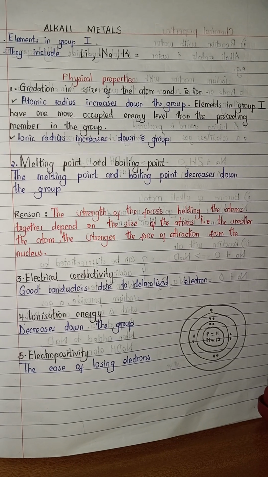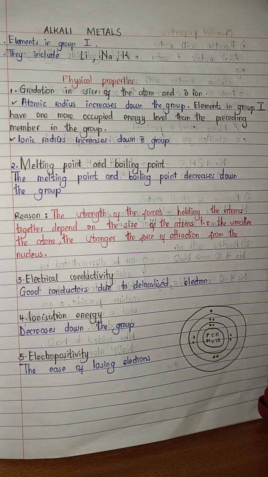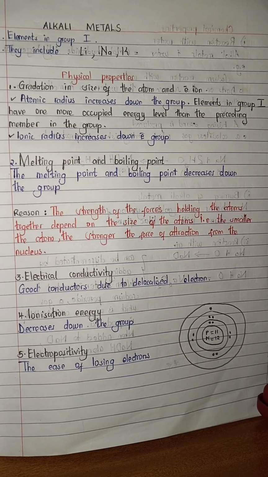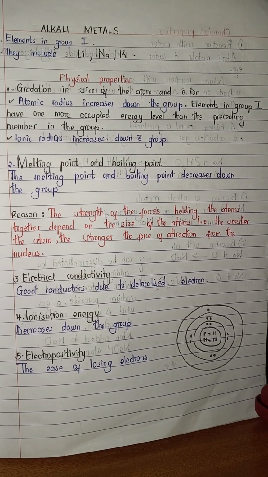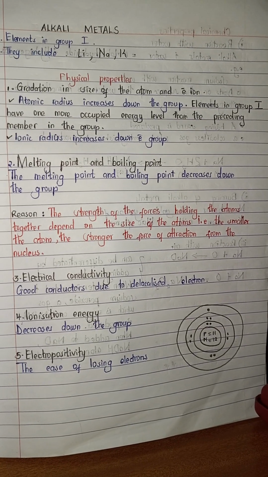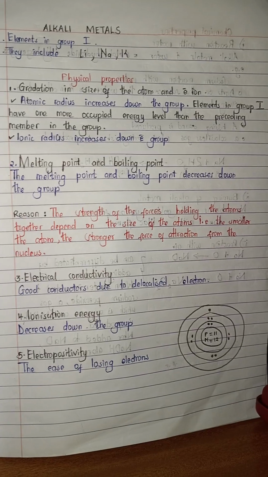Number 5 property is electropositivity, which is the ease of losing electrons. Again, we look at the force of nuclear attraction. Lithium, sodium, and potassium.